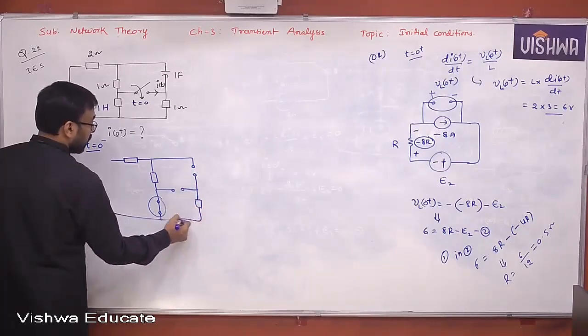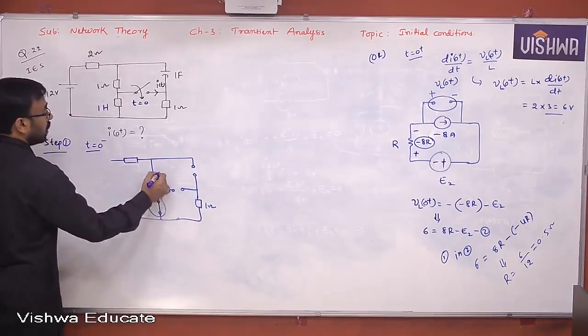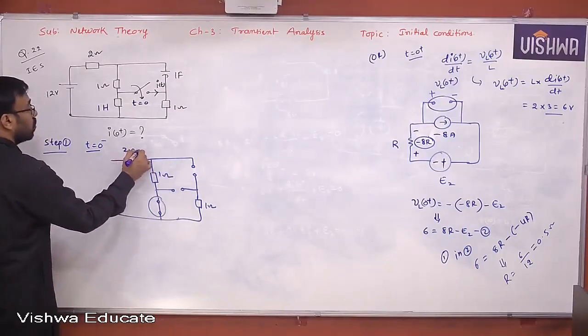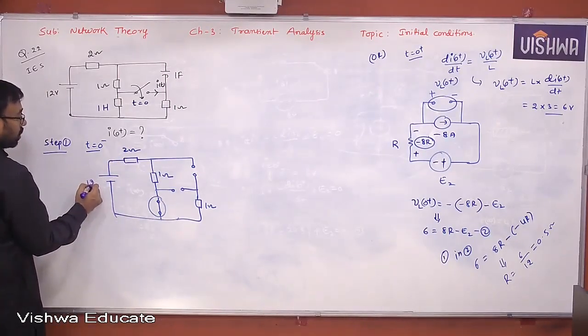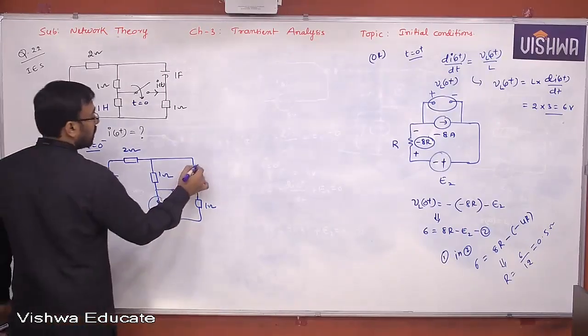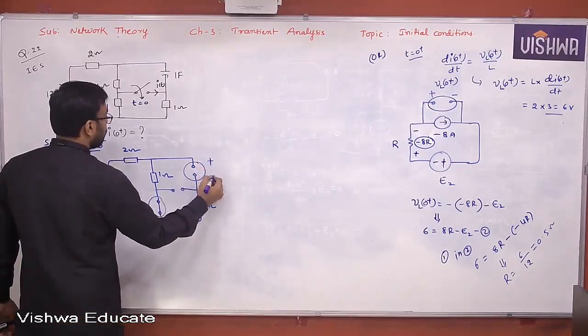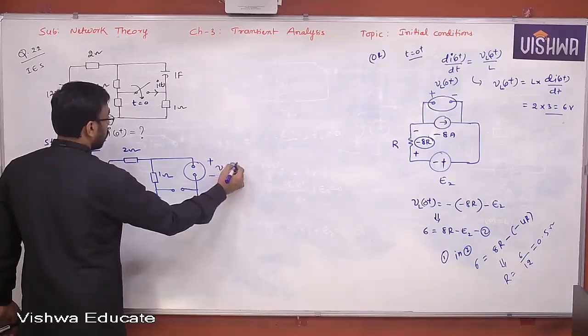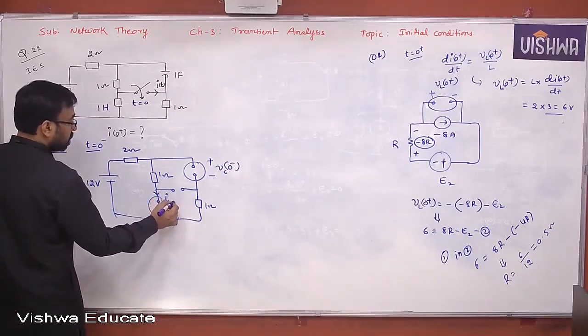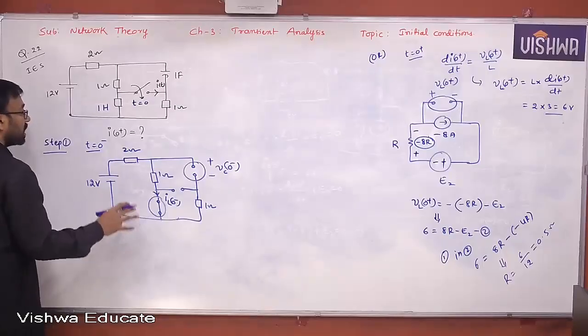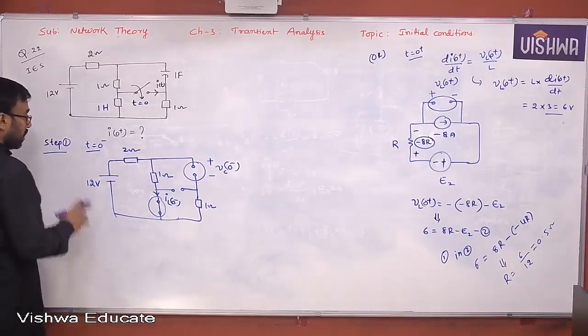This is 1 ohm, this is 1 ohm, this is 2 ohm, and this is 12 volt. This is a capacitor, plus minus Vc of 0 minus. This is an inductor, IL of 0 minus.